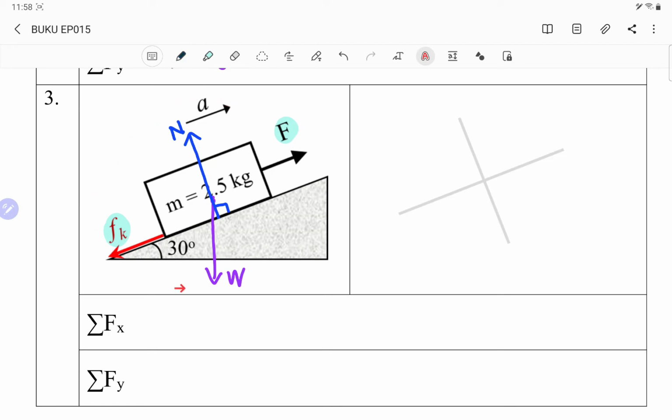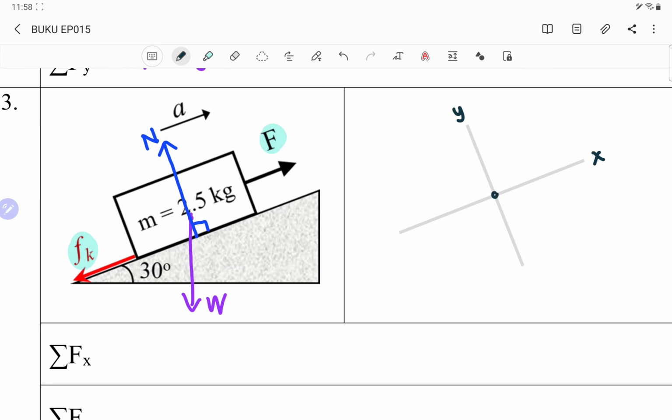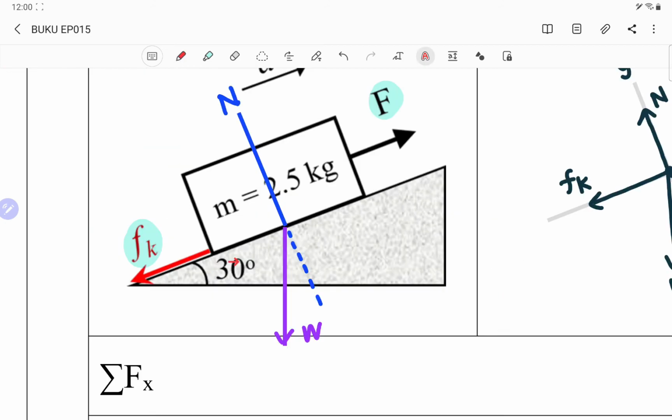For this case, we take our X and Y axes tilted, this is Y, this is X. Now we transfer all the forces. This is the origin. Force going to the right. We have normal going up. And then we have W, still towards the center of the earth. And then we have Fk.